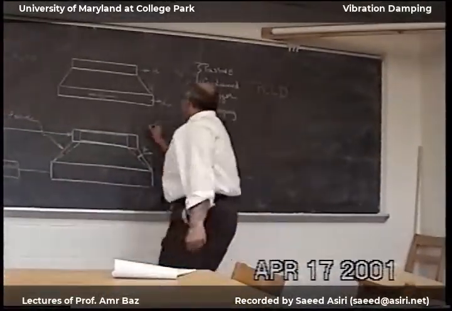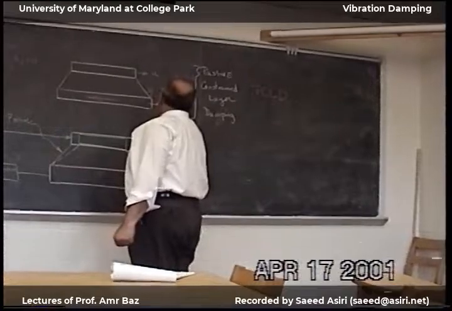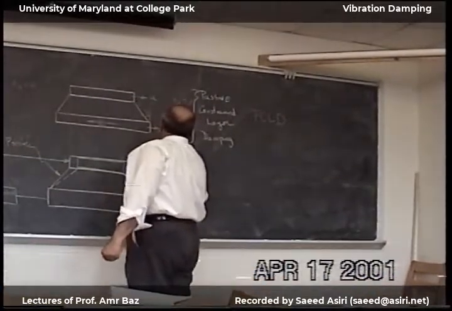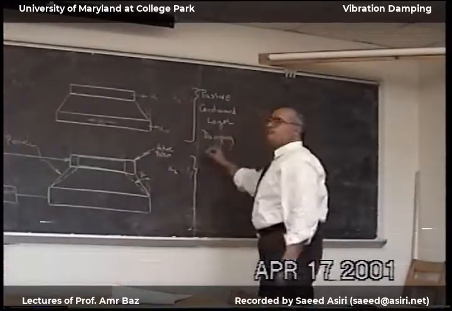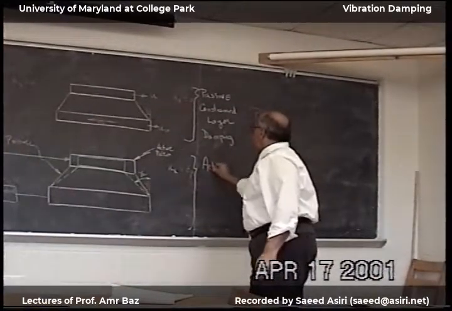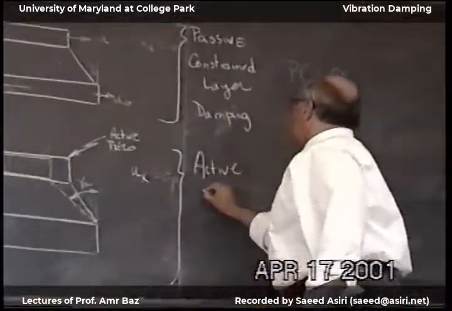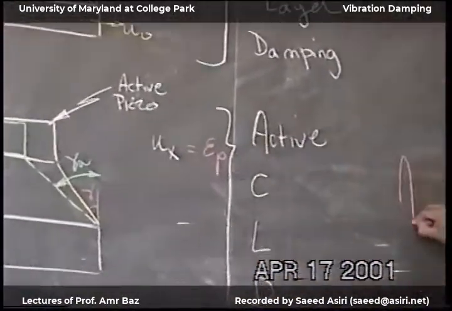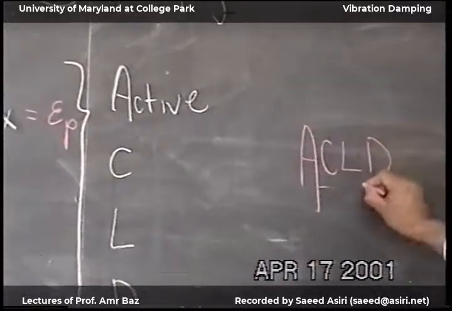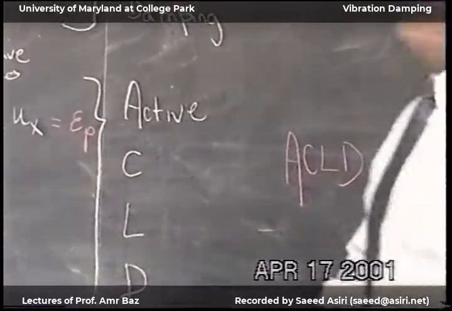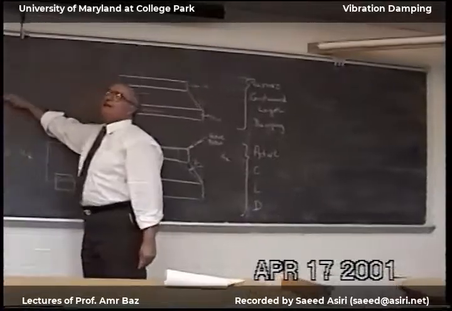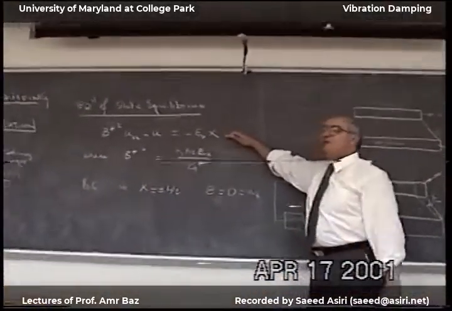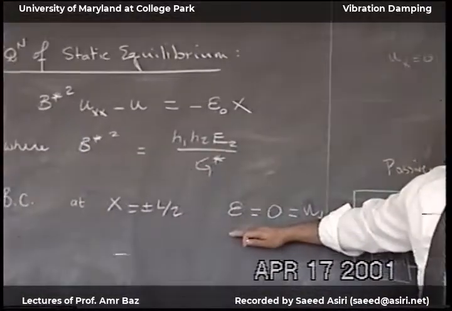So this is an active piezo material. And this would be active constrained layer damping or ACLD. Now, this is exactly the same equation for the two cases. The only difference will be in the boundary condition.